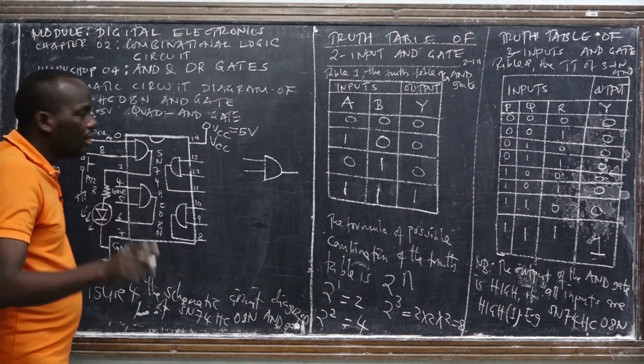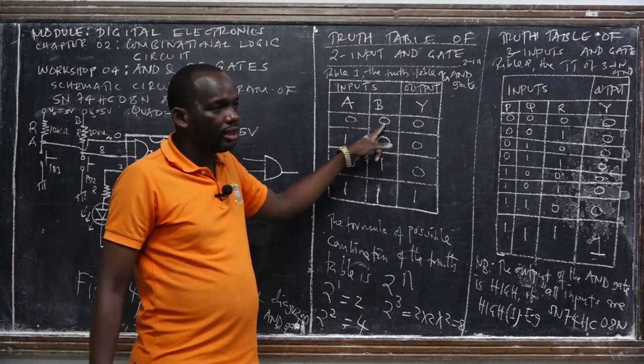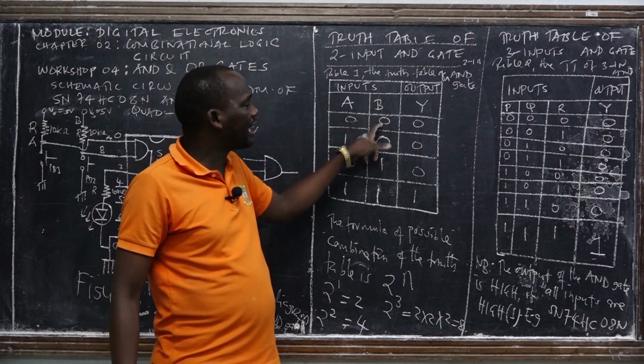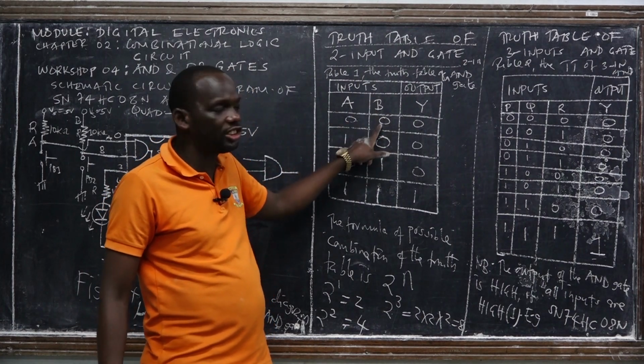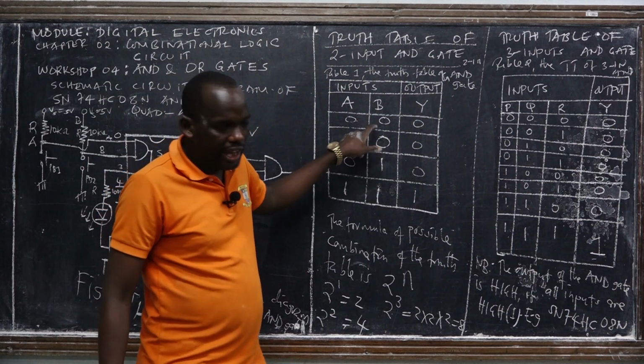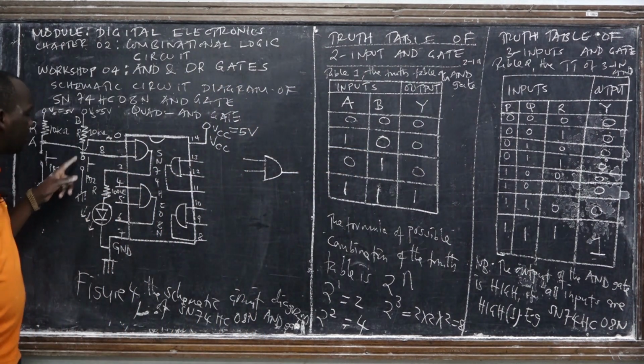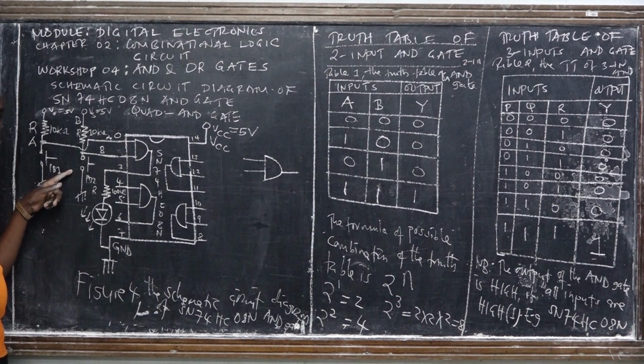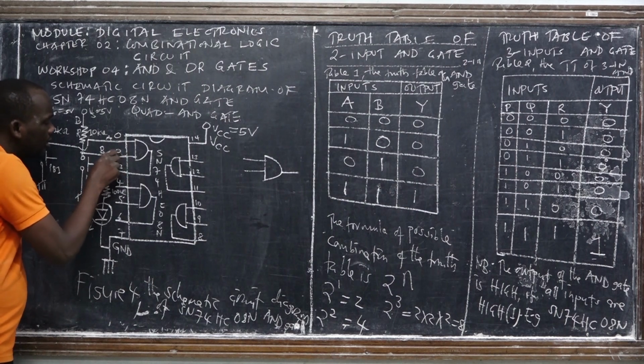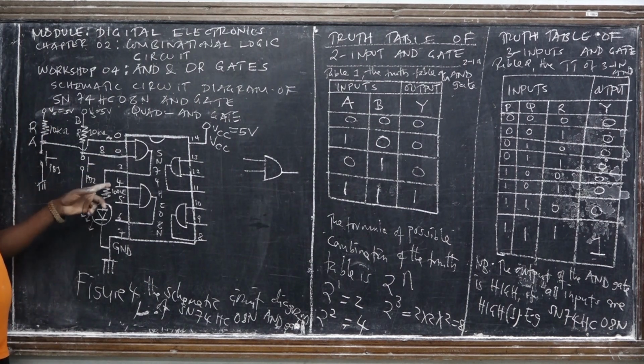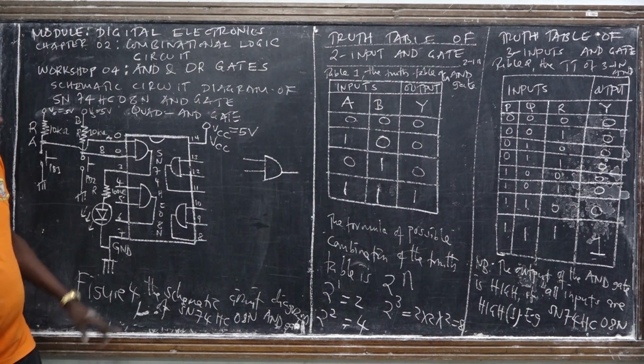Are we together? What is the status of the second input, which is B? The status is 0. How can we get 0 in this pull-up resistor network number 2? We have to press this push button. Once we press it, we have bit number 0.